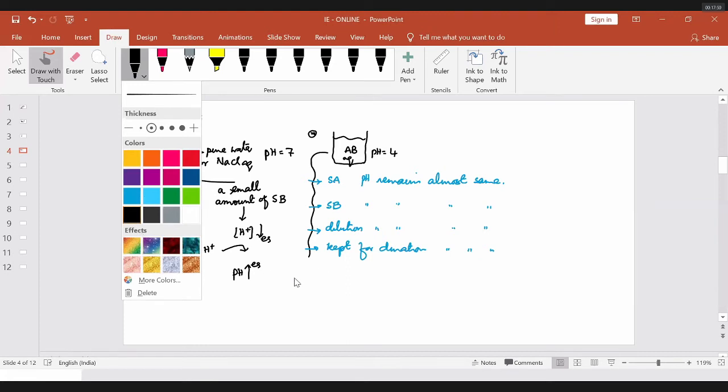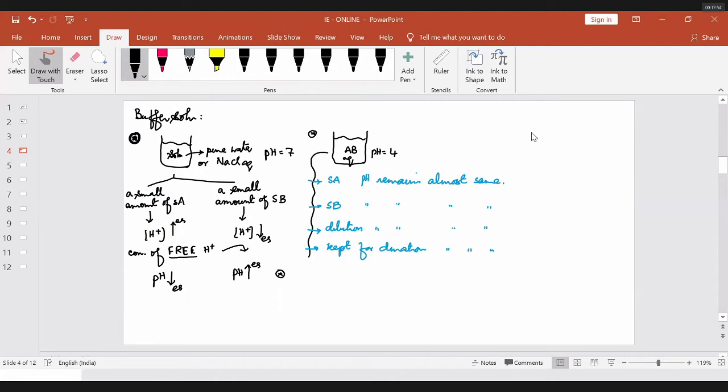What I have to say here, first of all, is a solution which maintains its pH almost the same, or one more way of saying is, a solution which resists the change in its pH value.